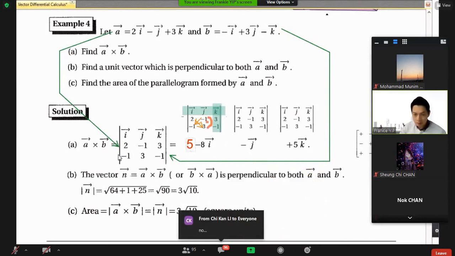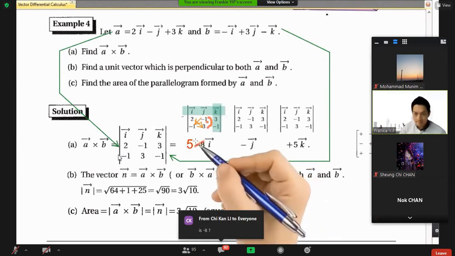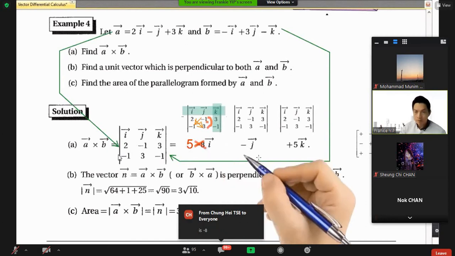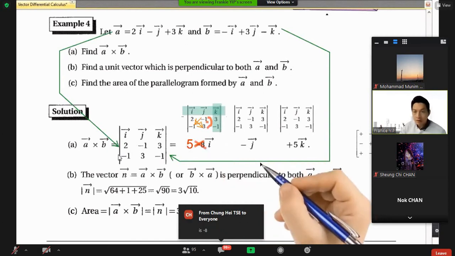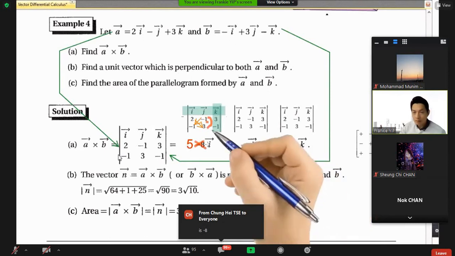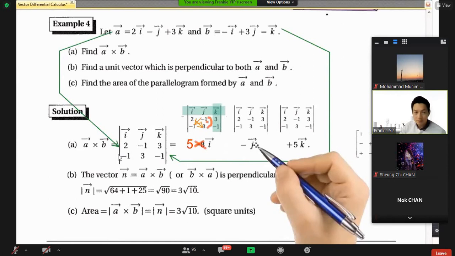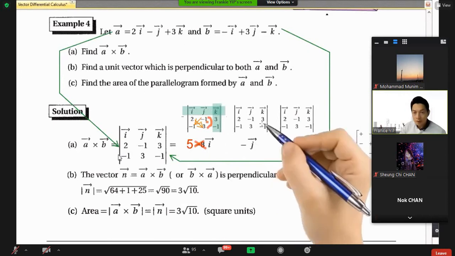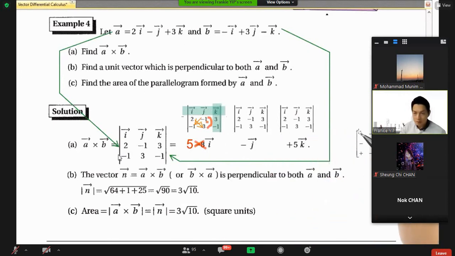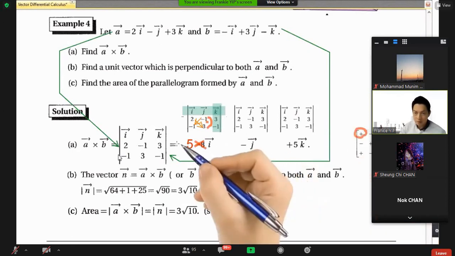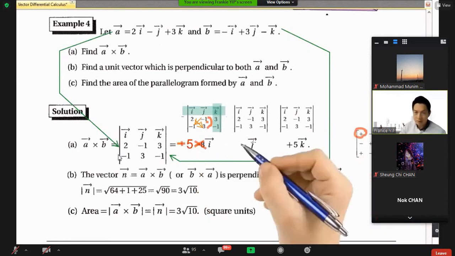Cross out this. Oh, I think I put it in the wrong location over here. Because the symbol over here is a plus sign, we're going to have a plus sign here. Got it? Easy.